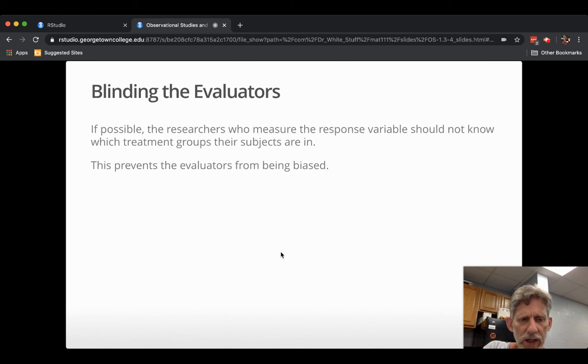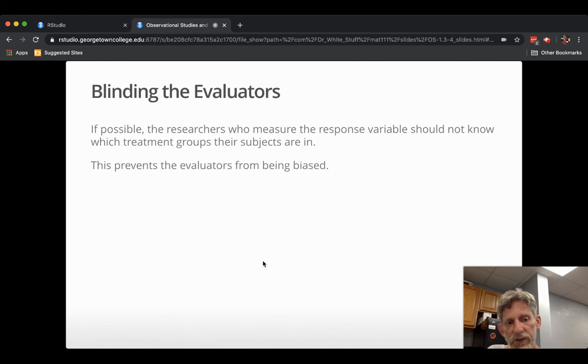It was actually this other thing, to kind of make things look good for the aspirin group. And you don't want that to happen. And so you don't want the evaluators who are measuring the response variable to know which group a subject is in. So that's another kind of blinding.